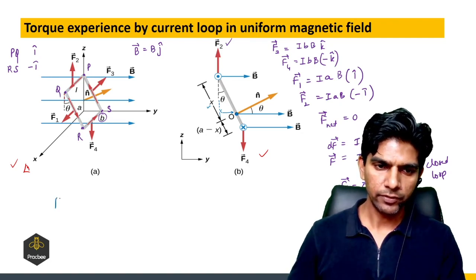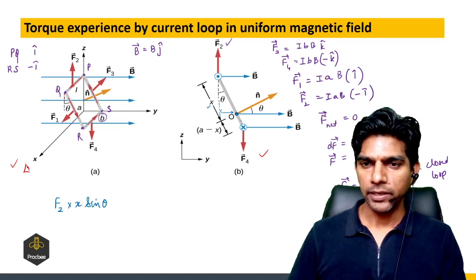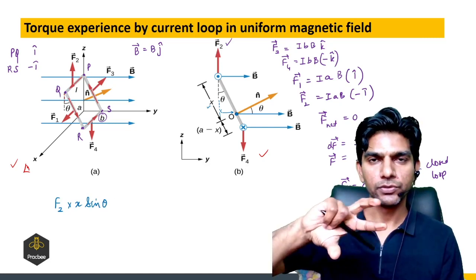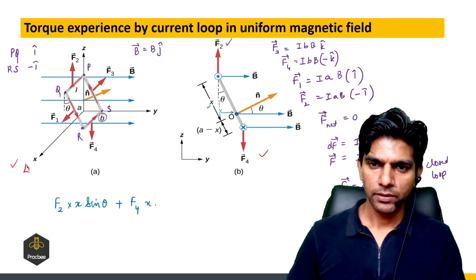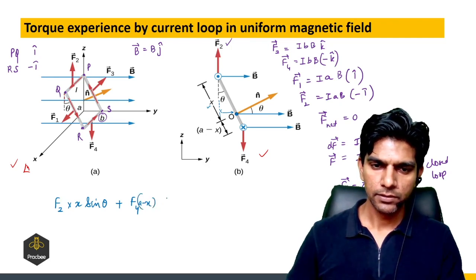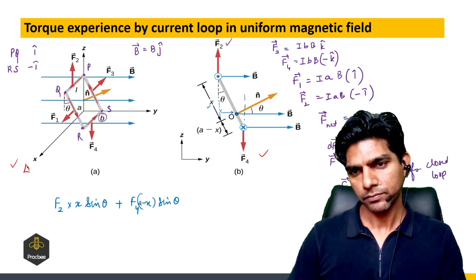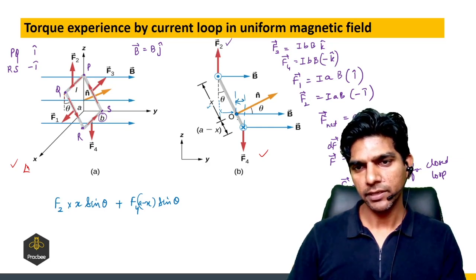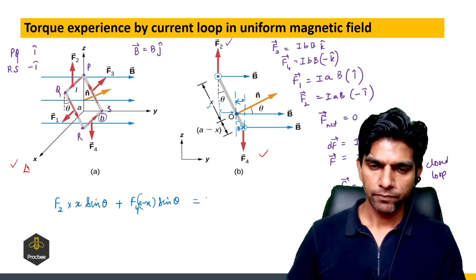So we can say F2 times x sine theta, and both the forces will produce a clockwise couple, so plus F4 times (A minus x) sine theta. Now this perpendicular distance is (A minus x) sine theta, because this angle is theta, right? So that should be equal to the torque.